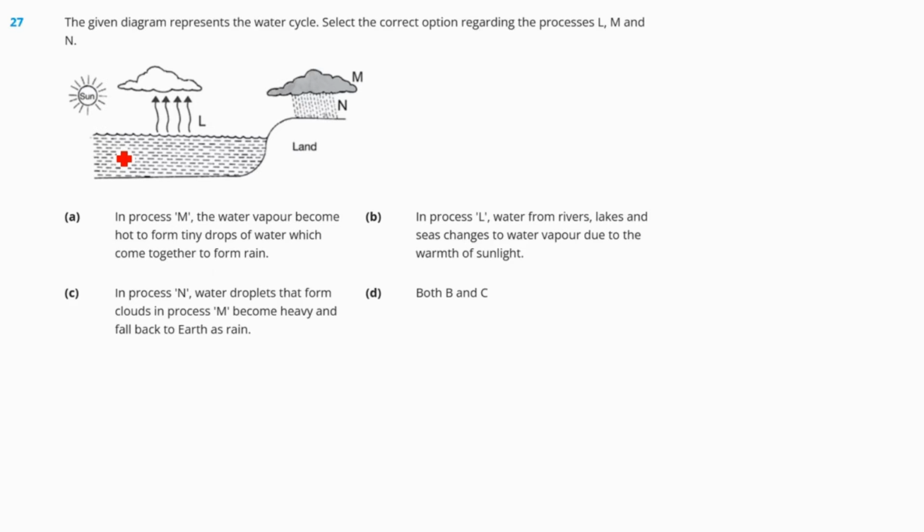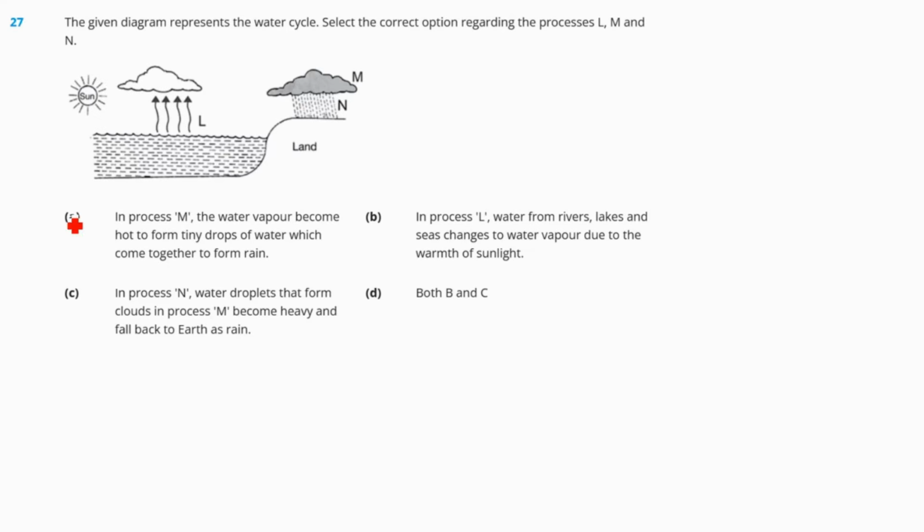Question number 27. The given diagram represents the water cycle. Select the correct option regarding the process L, M and N. So, here L is evaporation, M is condensation and N is precipitation, right? So, we have to find the correct option.